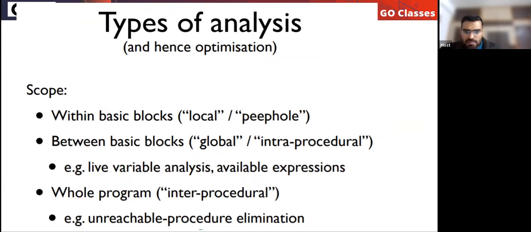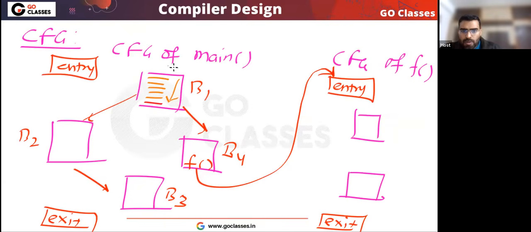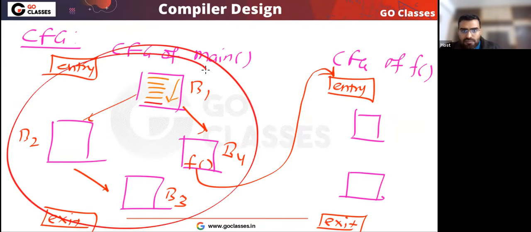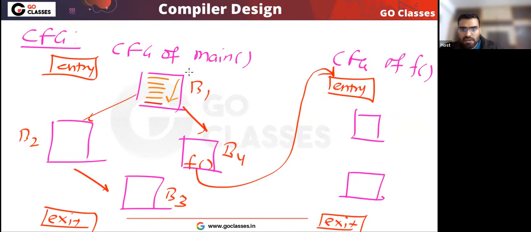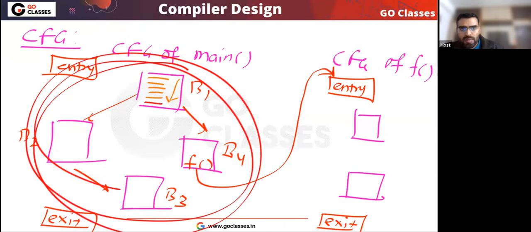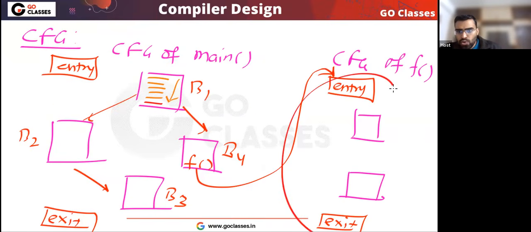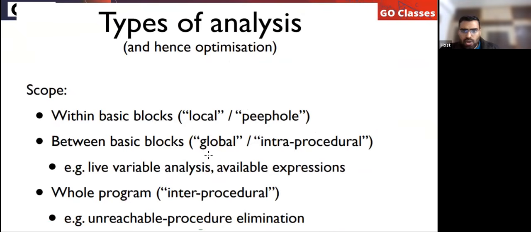If you do optimization within a control flow graph, in this area, then that is called global or intra-procedural optimization.